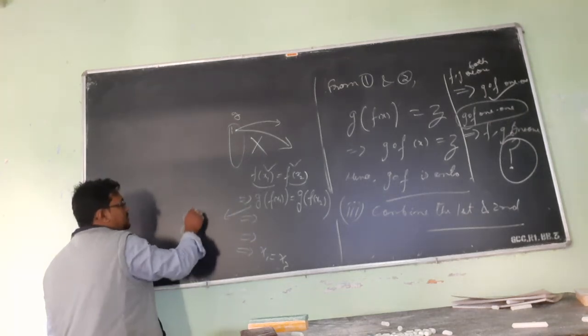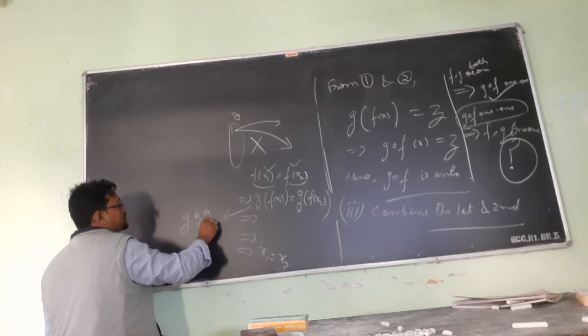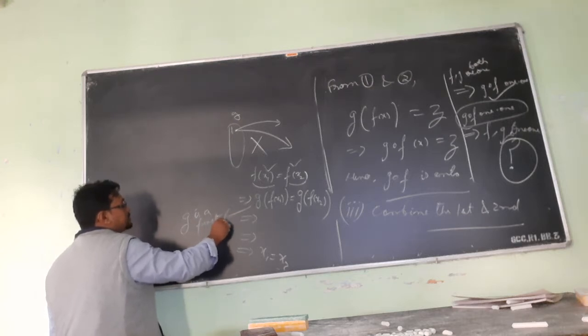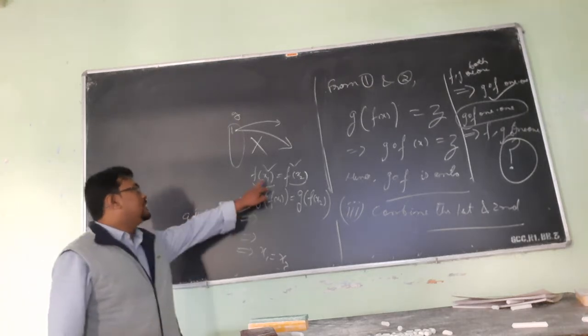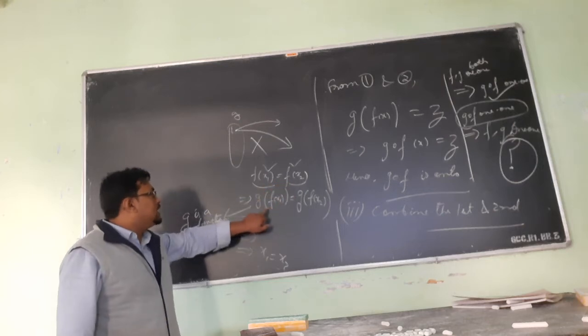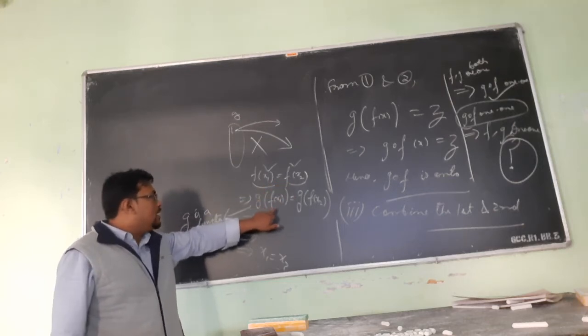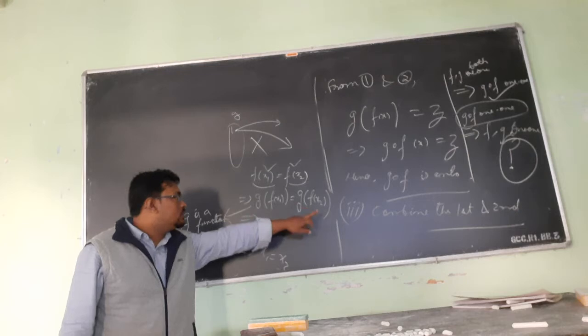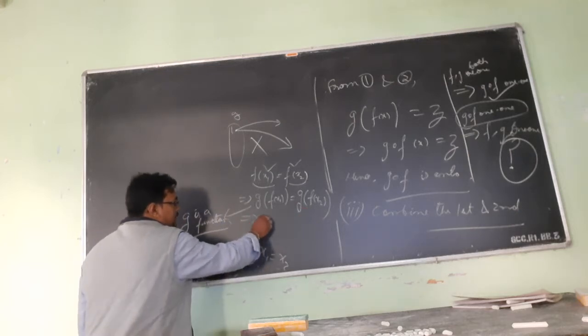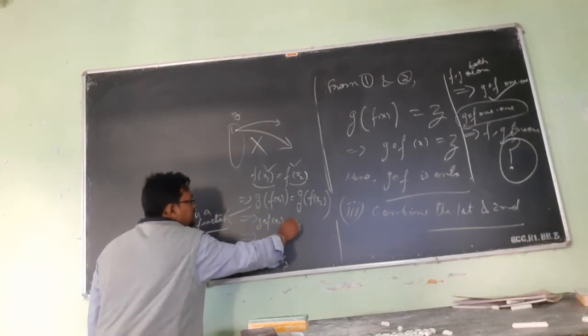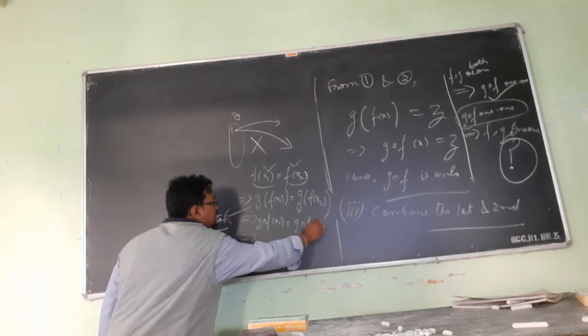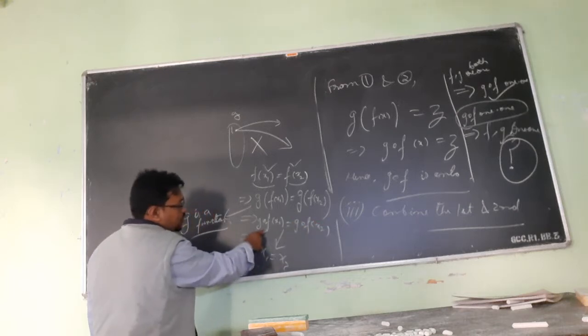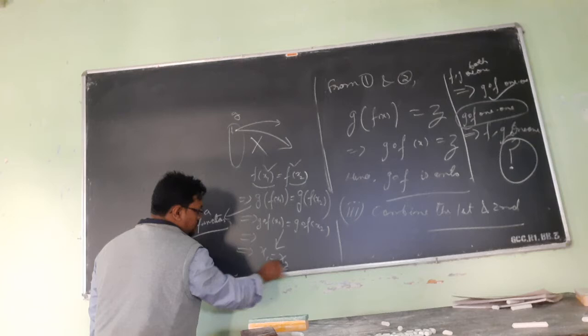This can be written because g is a function, or g is a map. So if I start with f(x1) equal to f(x2), then I can write g of f of x1 equal to g of f of x2. So from here I can write gof of x1 equal to gof of x2. And since gof is one-one, we can write x1 equal to x2.